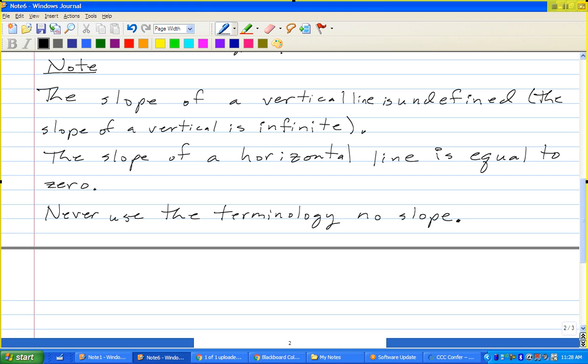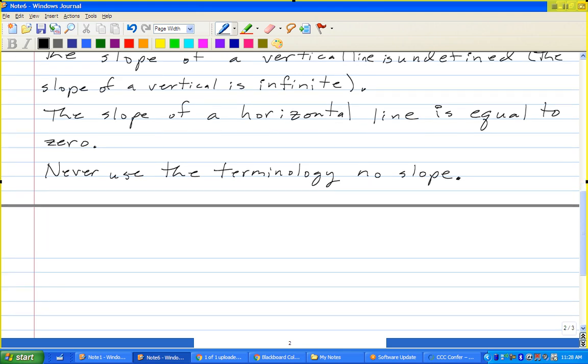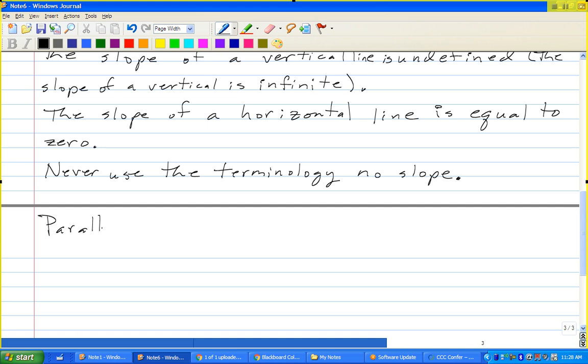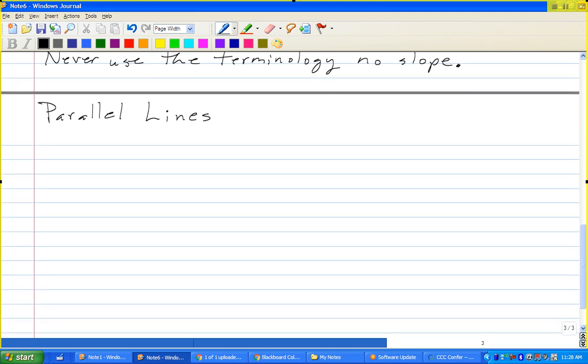So, give you some additional terminology. Parallel lines. So two lines in the plane, call them L1, L2, are said to be parallel, denoted by L1 parallel to L2, if they never intersect.